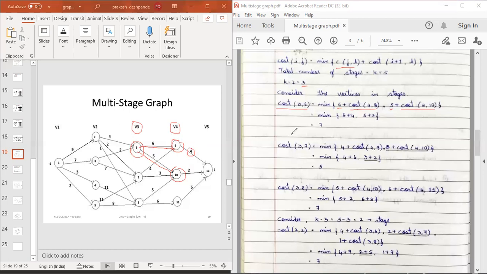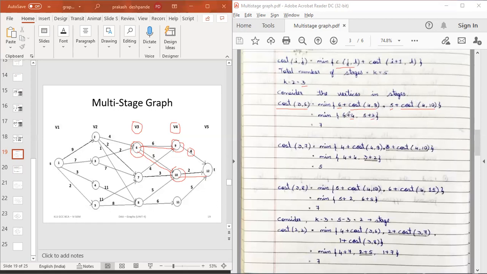So cost of 4, 9 is going to be 4 here, right? In the same way, 5 plus cost of 4, 10. 4, 10 means stage number 4, vertex 10. So from 10 to the destination, there is a direct edge. What is its cost? It is 2. So that 2 is substituted over here. This 2 is nothing but cost of 4 comma 10.